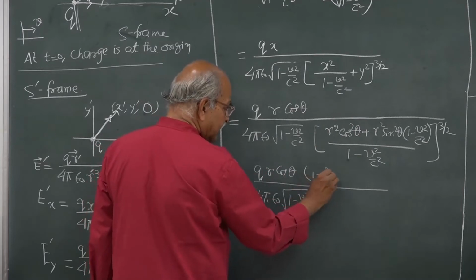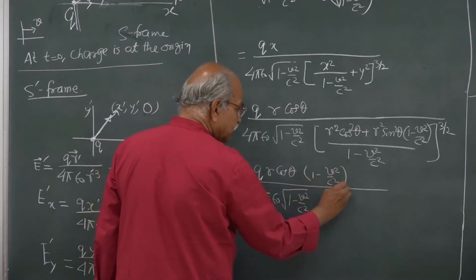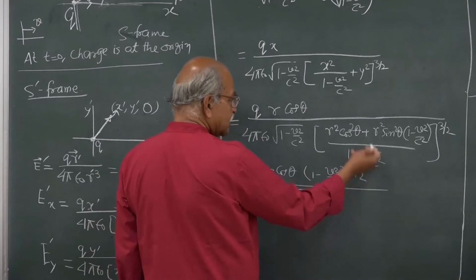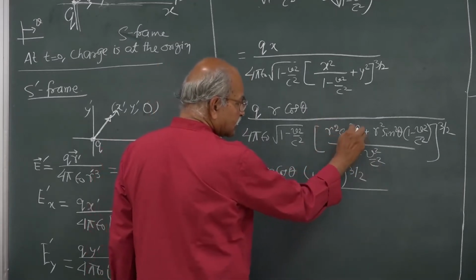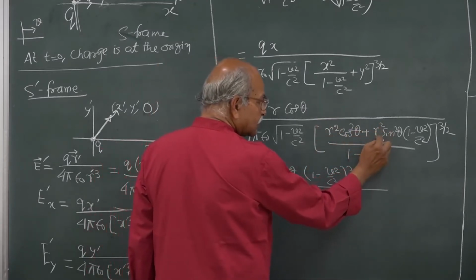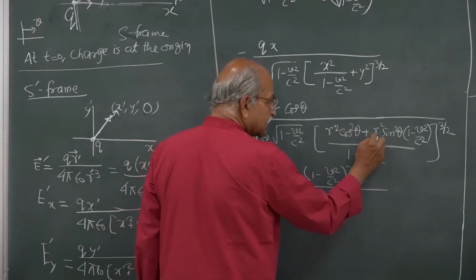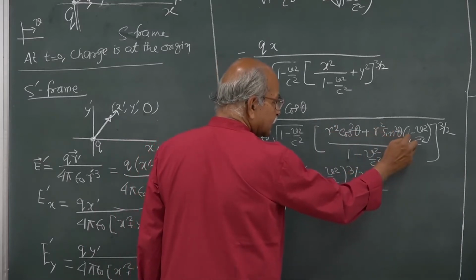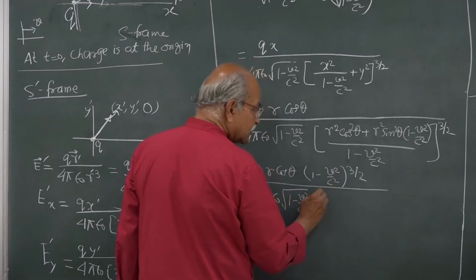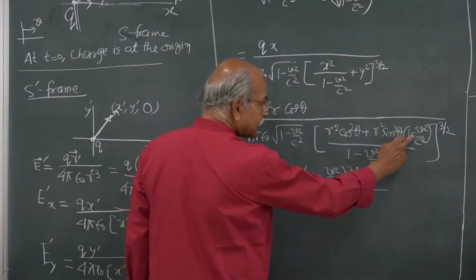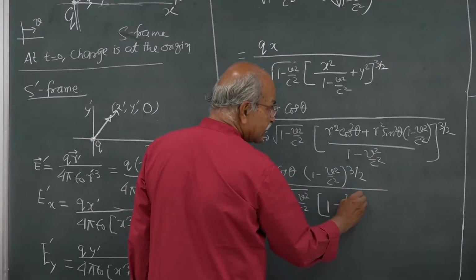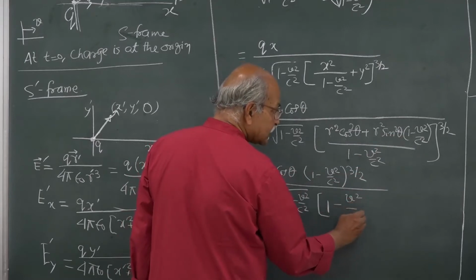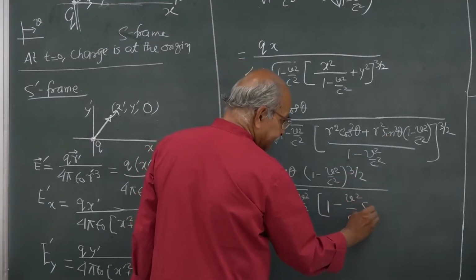So, it will be 1 minus v square by c square to the power 3 by 2. So, this comes here, then r square cos square theta plus r square sin square theta, this is 1. So, I can write this as 1 here, and the rest is minus v square by c square and this sin square theta.